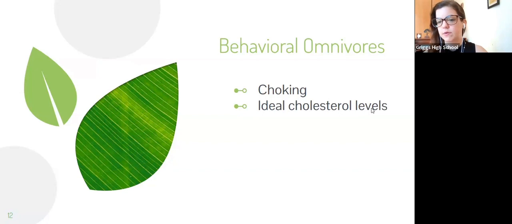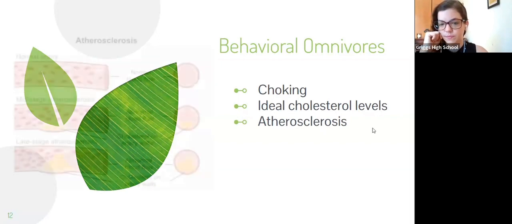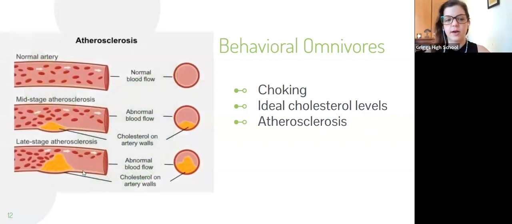About ideal cholesterol levels. In our modern society, we usually don't have ideal cholesterol levels. We have problems with atherosclerosis, which is this accumulation of fat coming from cholesterol in our veins.